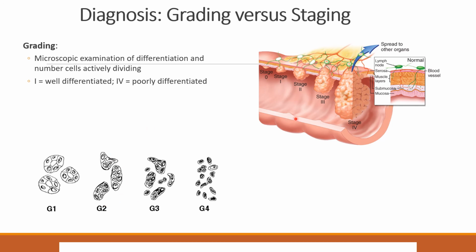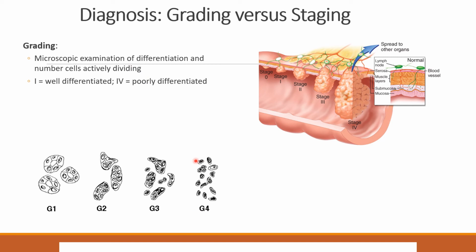We have stage up here and then grade down here. The grading is based on the microscopic differentiation and the number of actively dividing cells. So here's the grade: 1, 2, 3, 4. Grade 1 is well differentiated. It resembles normal tissue, so this type of cancer might go through mitosis pretty quick, but it's going to maintain function at least.